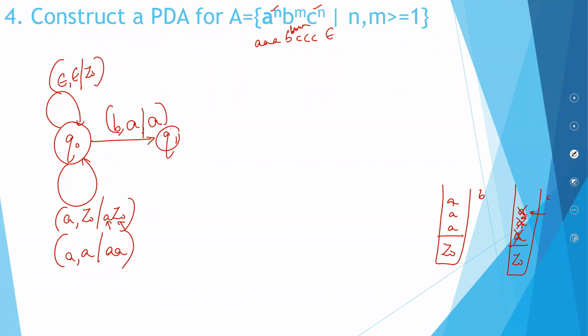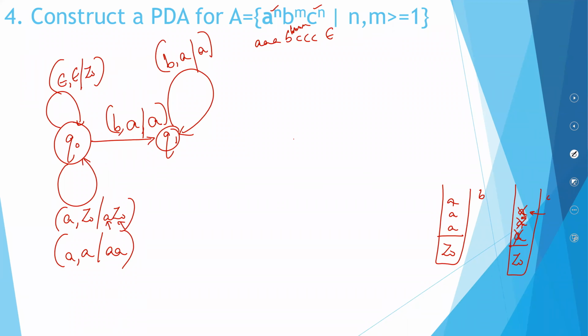You might be encountering many B's. Do the same thing. The top of the stack will be A itself. Don't push in anything. Maintain the previous top of the stack itself.